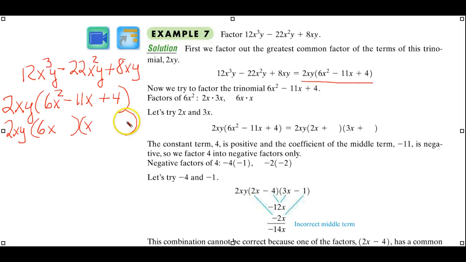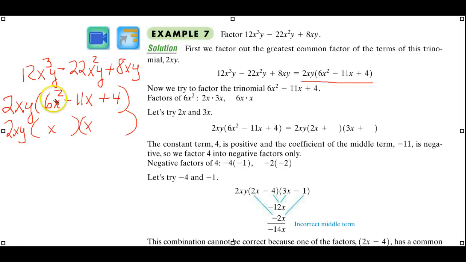Now I know I can't put a 4 there and a 1 there. That would be too big. 24 something or other. All right, how about a 2 and a 2? Well, this would be a 12 and a 14. No, that's not going to work.